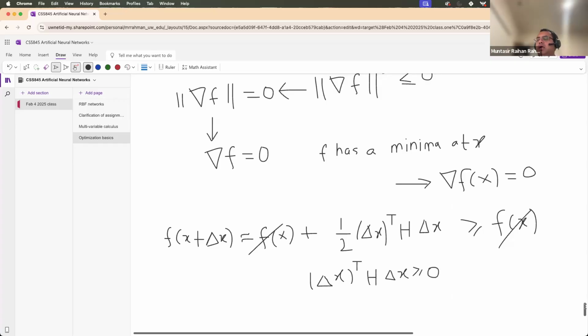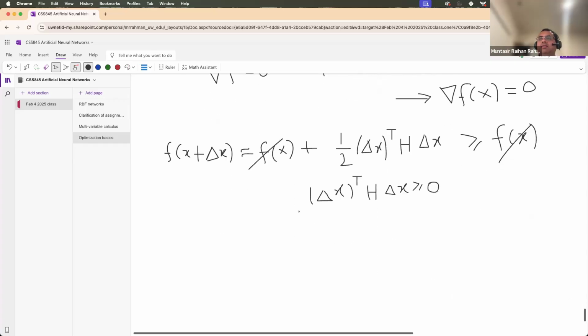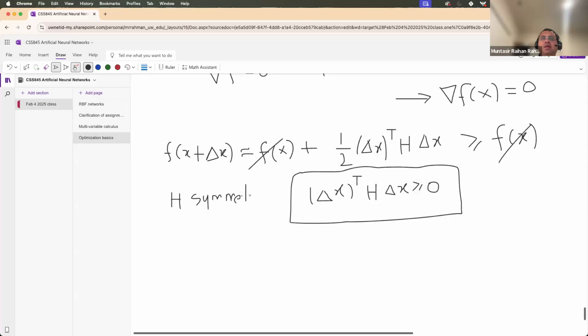Okay. And now let's look at this term. What does this tell us about the matrix H? We know that H is symmetric by definition. If we have that, if this is true for all del x, what does this tell about this matrix H?